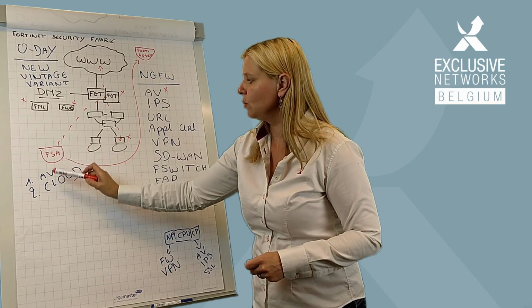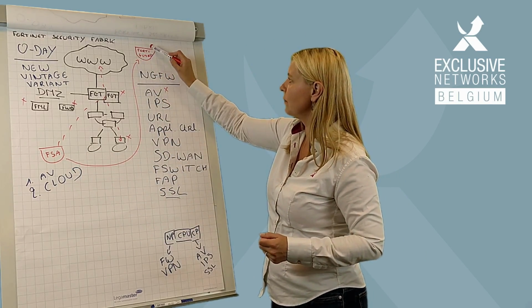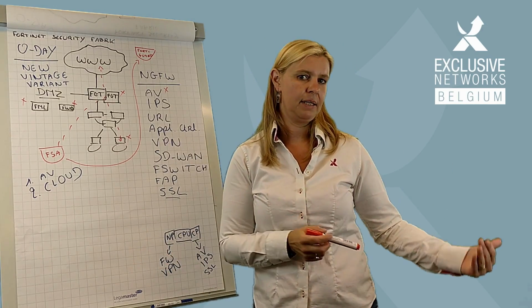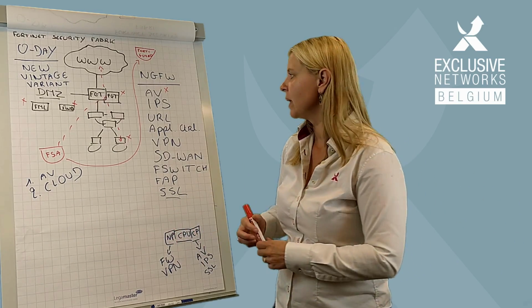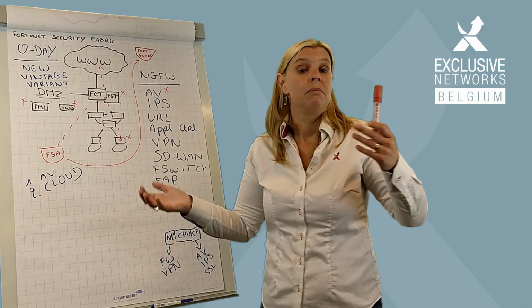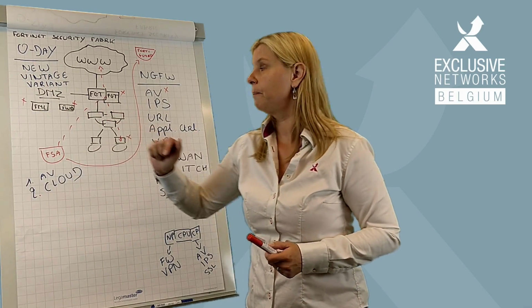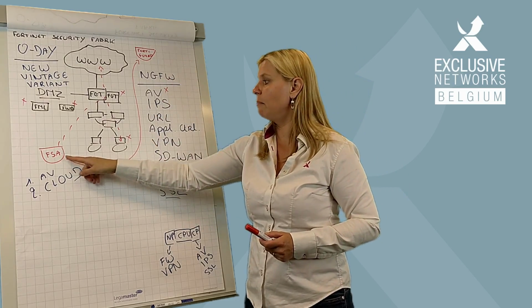So FortiSandbox will do a cloud query and ask FortiGuard if that certain package has already been identified as malware or as suspicious throughout the world. So it can happen that a FortiSandbox in America has identified that same package already as being malware.